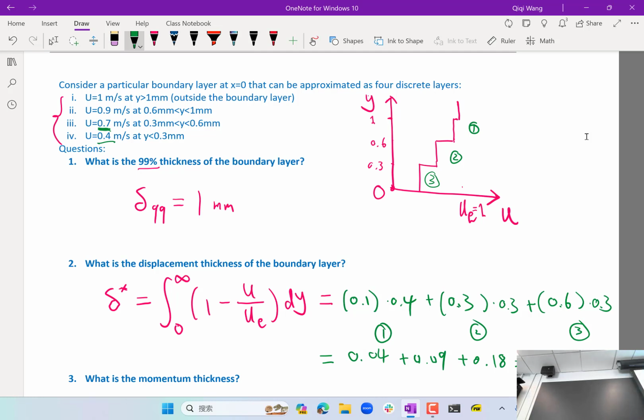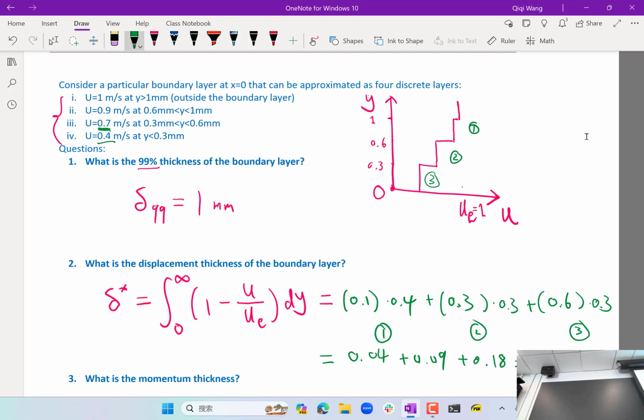Yes, so I split the integral into 3 parts, right? So in this layer, we don't have to integrate because 1 minus u over ue is equal to 0. So in the outermost layer, when the integral goes from 1 millimeter to infinity, the integral is 0. So I start with the second layer.